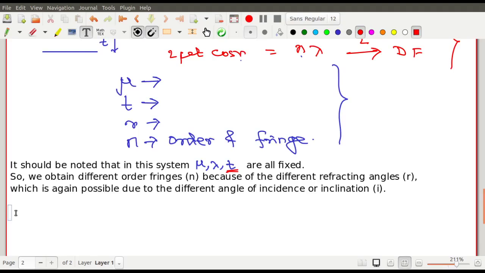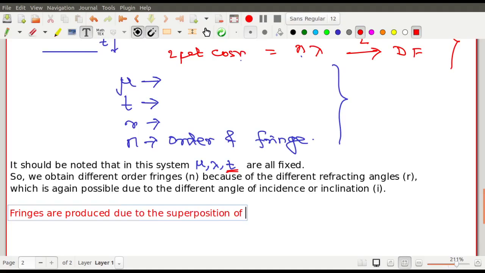So you see over here, the fringes are produced due to the superposition of rays which are equally inclined to the normal.